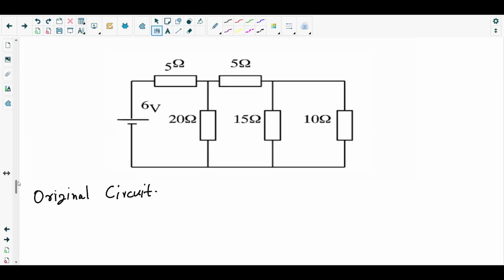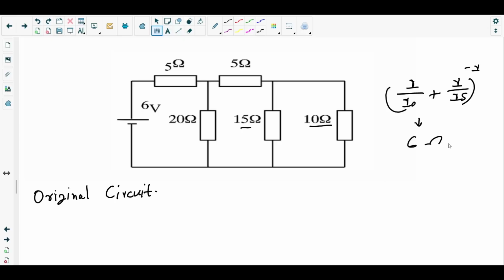From the right end, the 10 ohm resistor and the 15 ohm resistor are in parallel. So their total resistance will be (1/10 + 1/15) inverse, which is 6 ohm.